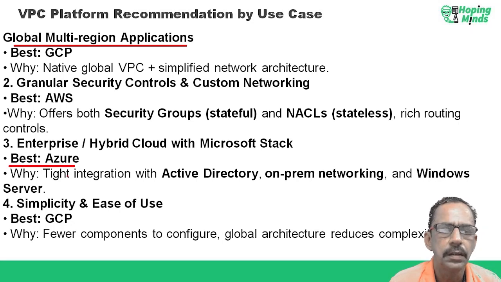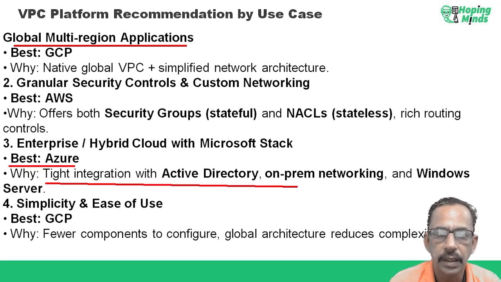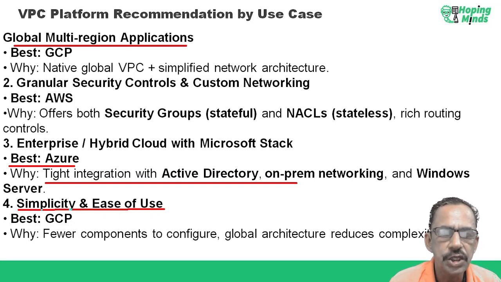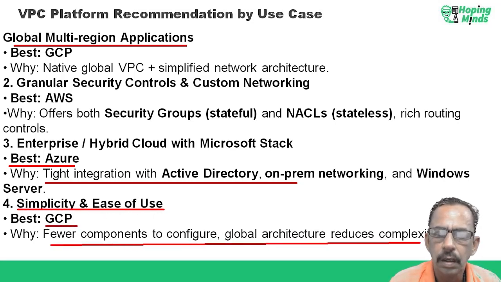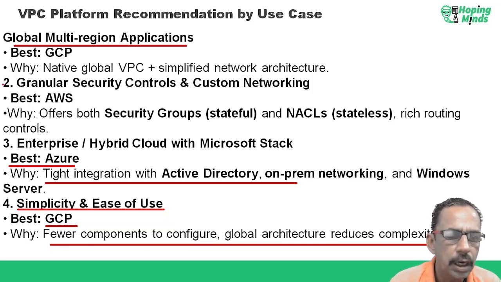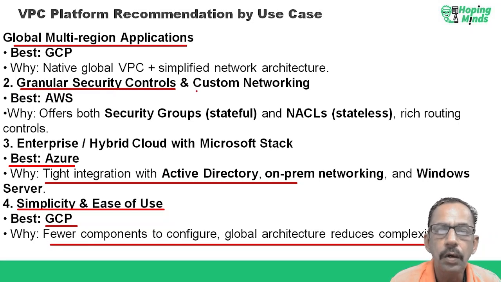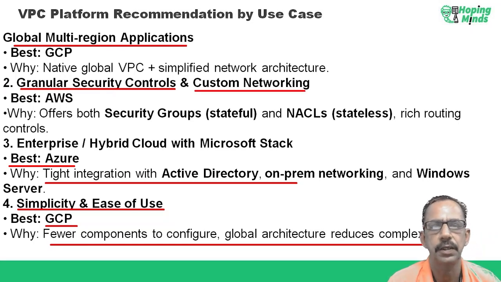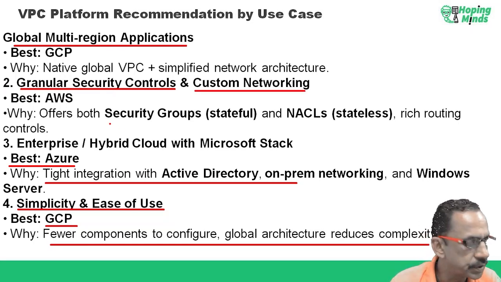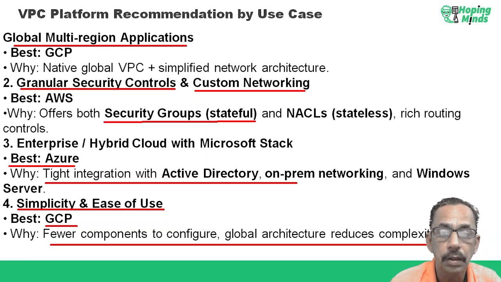These are the different providers. Tighter integration with Azure Active Directory in the case of Azure. Simplicity and ease of use, best is GCP. Fewer components to configure, global architecture reduces the complexity. But the most commonly used is the AWS cloud, due to the granular security control, and you can build a completely customized network using the security groups and NACL.